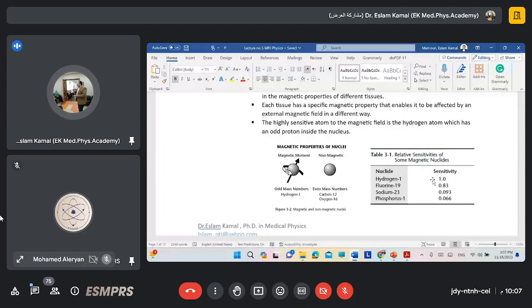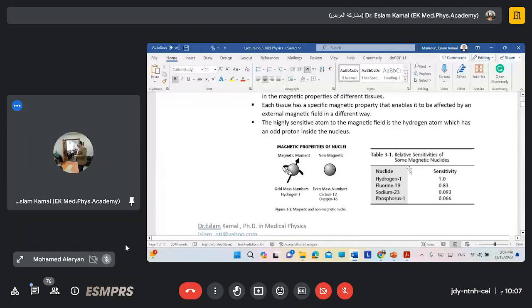That's why the proton inside the hydrogen atom is highly sensitive to the external magnetic field. So now we are going to excite the protons inside the hydrogen atom, which is inside our patient body.